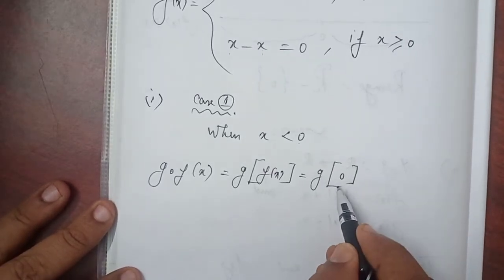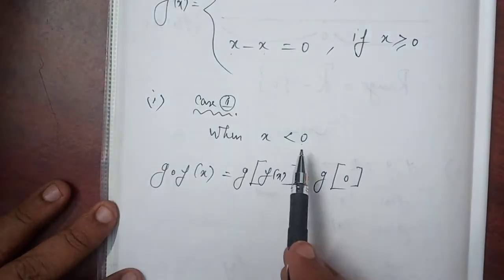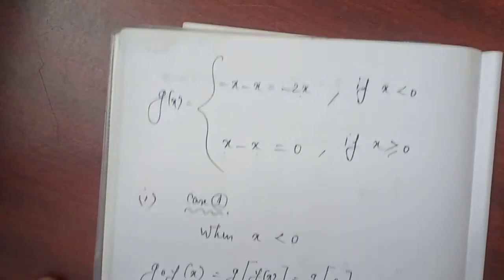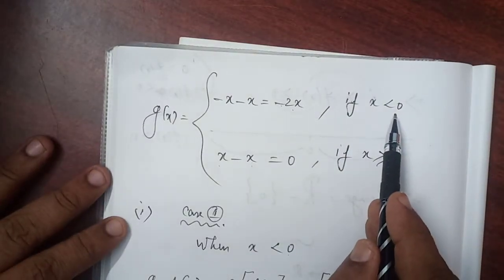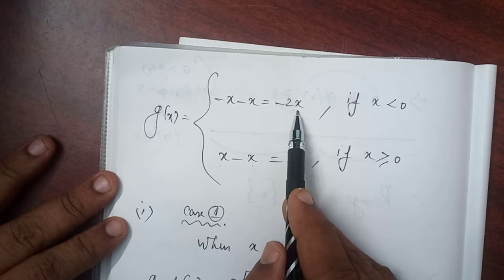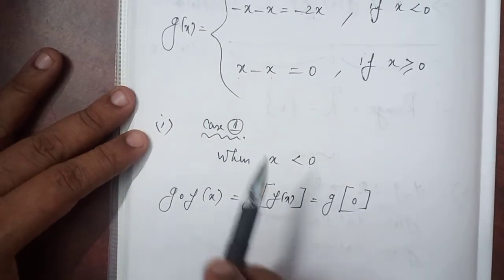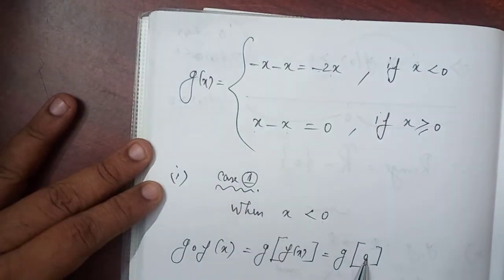Now, what is the function outside the bracket? G. Go to g. Here also we have to consider less than 0 only. For less than 0, we have minus 2x. But what is inside the bracket? We have 0.